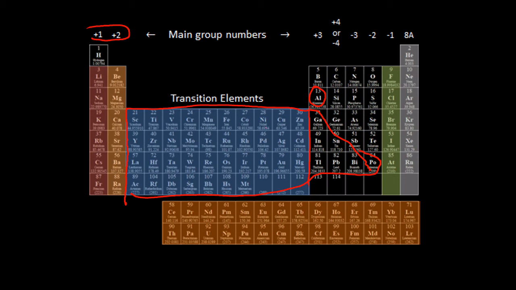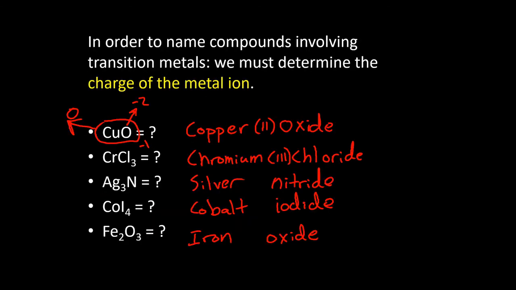But any of these transition elements, and then a few little metals down here, we have to specify the charge. So in this case, and again, we're using the nonmetals to determine what the charge on those metals are. So nitrogen would have a charge of -3, which means that we need +3 from the silvers to get an overall net neutral molecule.